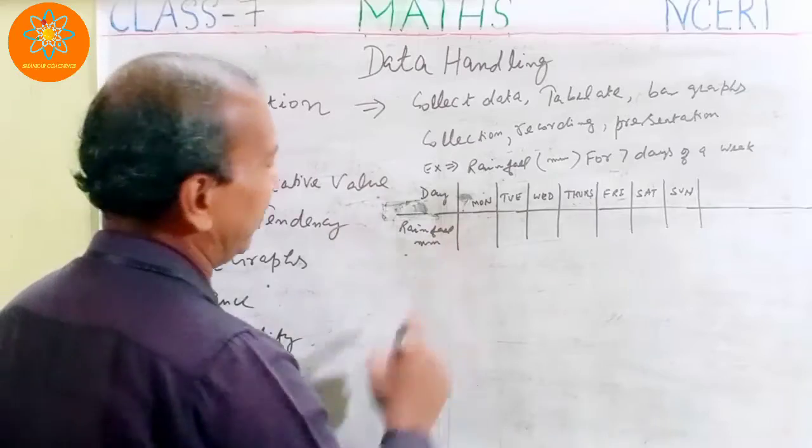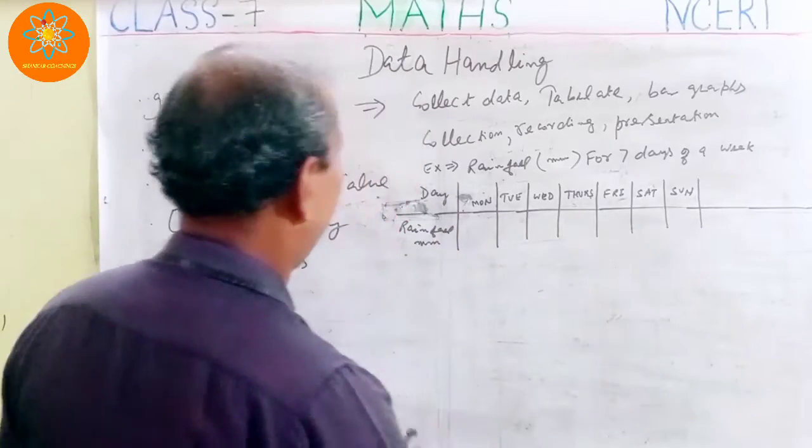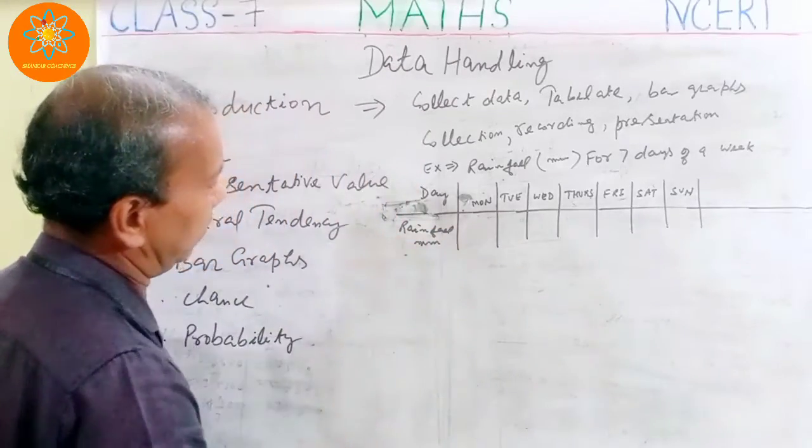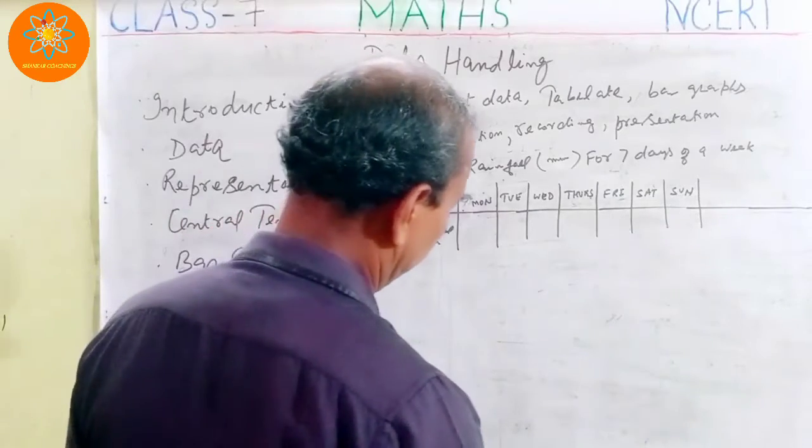These are 7 days in a week, and I'm recording the rainfall in millimeter.